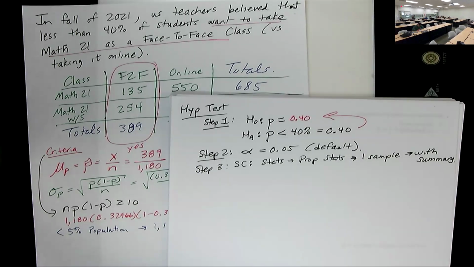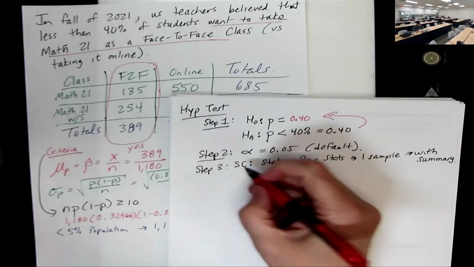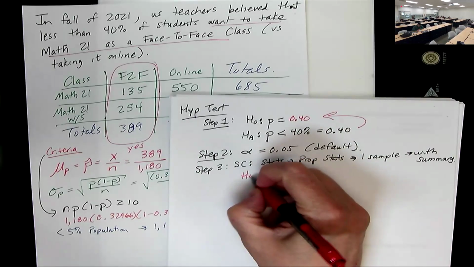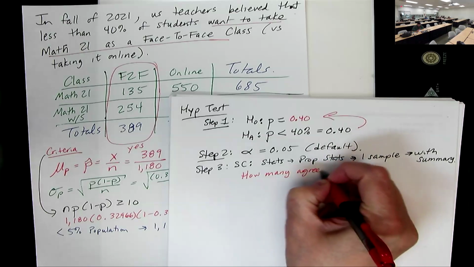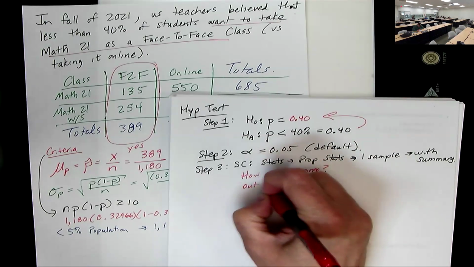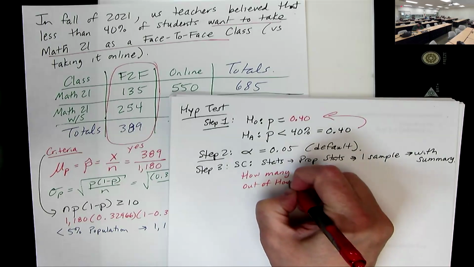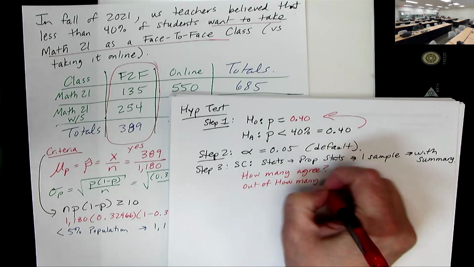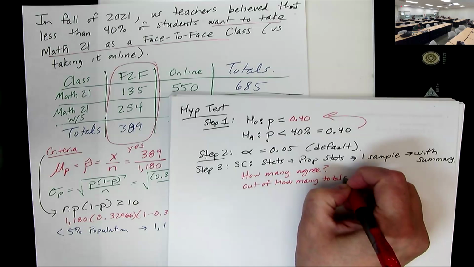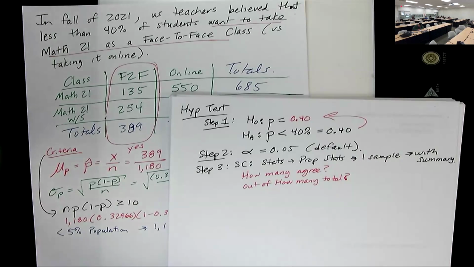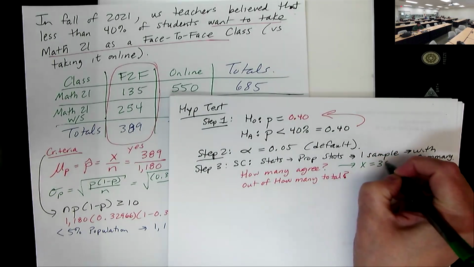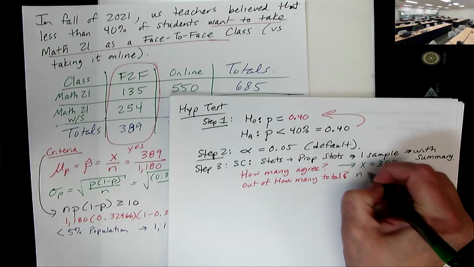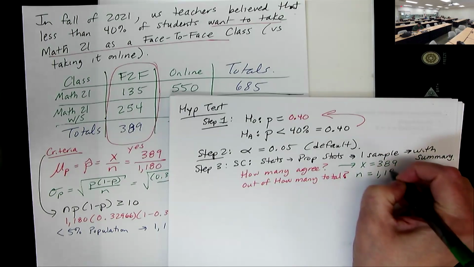They're gonna prompt us for our summary information. How many said yes or how many agreed, out of how many total? This one is X, 389. This one is our N, which is 1,180.